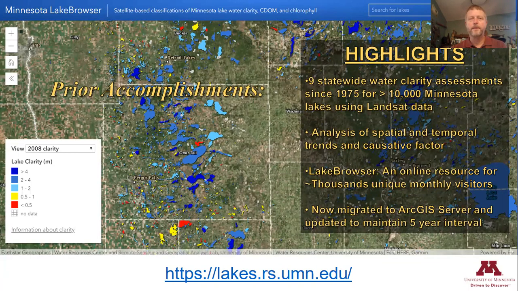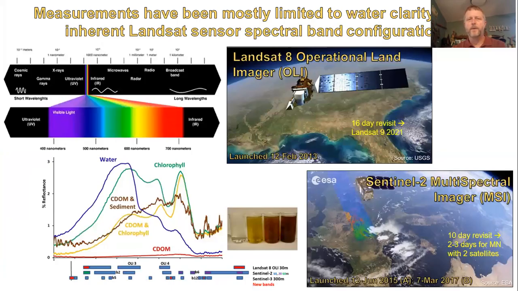It's been real popular. But if we really want to improve lake and fisheries ecological management, we need more water quality variables more often. And that's where we're going with these new satellite systems with Landsat 8 and Sentinel 2. We have higher spatial, spectral, radiometric, and temporal resolution.